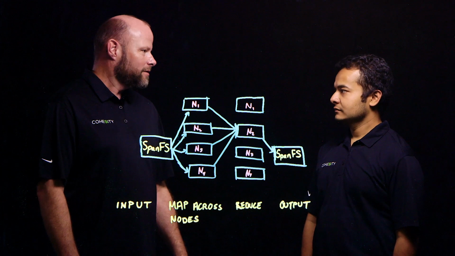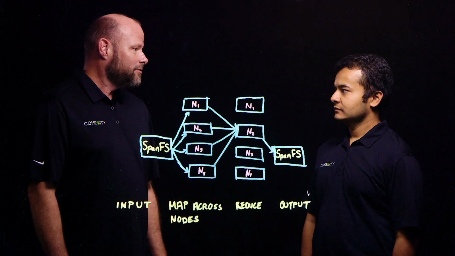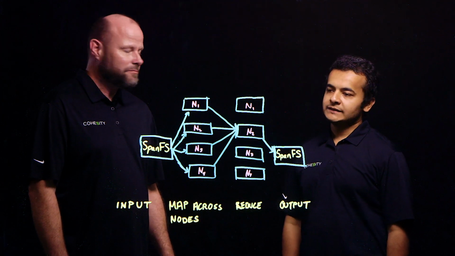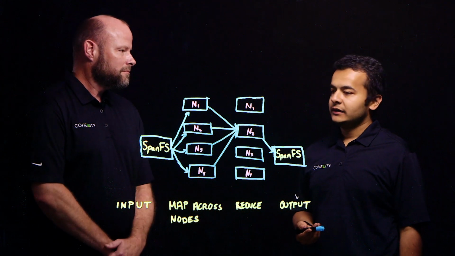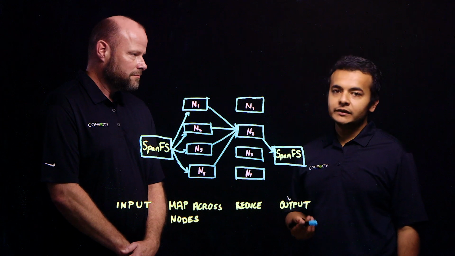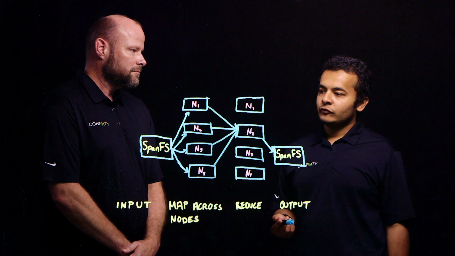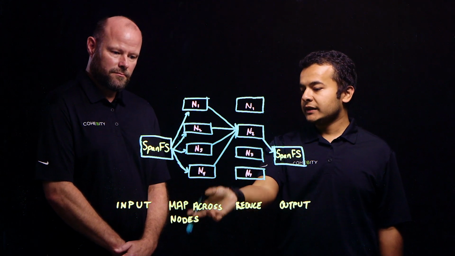Siddharth, since MapReduce is a key component to the overall architecture in the application, could you possibly dive into a little more detail around the solution itself? Sure, Darren. So as you know, Cohesity's file system SpanFS has MapReduce natively built into it. Now let us look at how it helps for running an AWB app. Whenever you type a search query into an AWB app such as Pattern Finder, it takes the input from SpanFS and distributes the query across all the nodes.